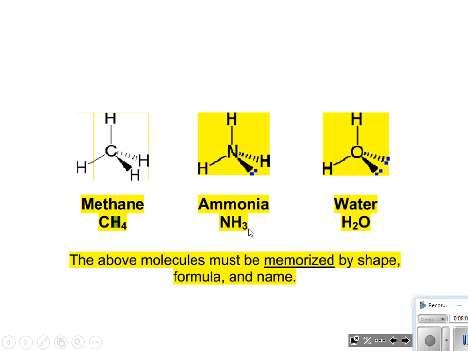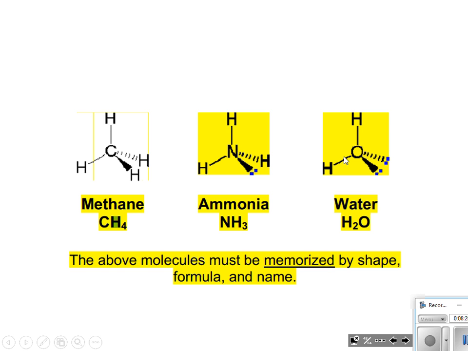Okay? Ammonia. We're all familiar with water. Notice the 2 unshared pair of electrons here. So those 4 electrons right here are all water's electrons. Here is a covalent bond. Here is a covalent bond.